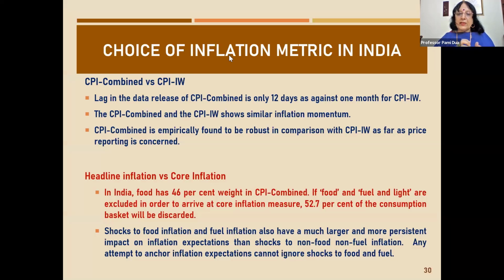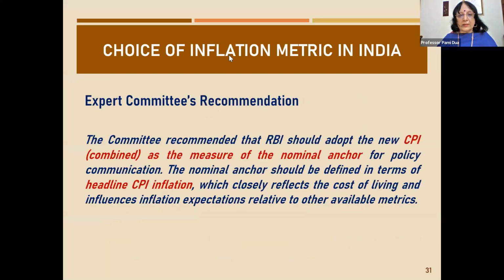So we should take CPI and subtract food and fuel from there. But if you subtract food and fuel, that's more than 50% of a consumer's basket, and therefore that does not make sense. So what was finally used was the CPI reflecting both the rural sector and the urban sector, and that's what it went with.